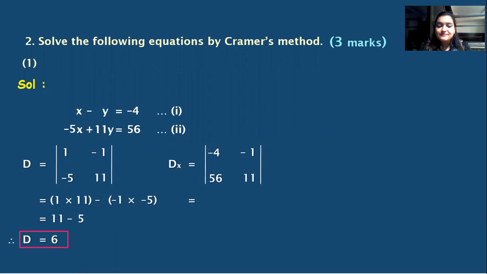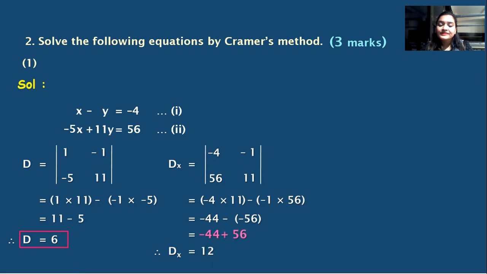Let's criss-cross. Minus 4 into 11 minus 1 into 56. Minus 4 into 11 gives you minus 44. Minus 56 into minus 1 gives you minus 56. Minus minus will be plus. 56 minus 44 gives you 12. We are done with Dx.